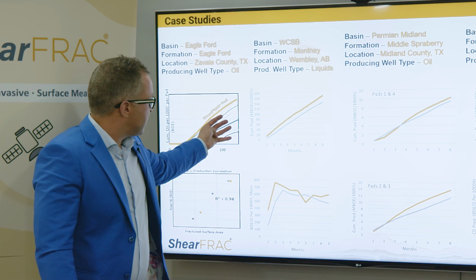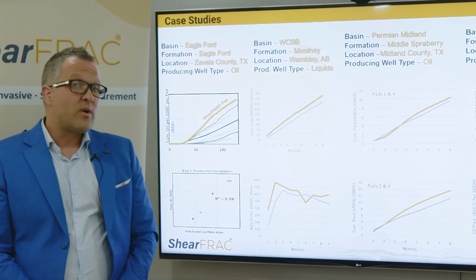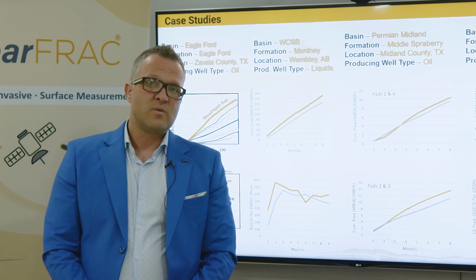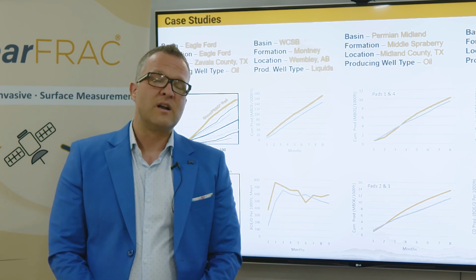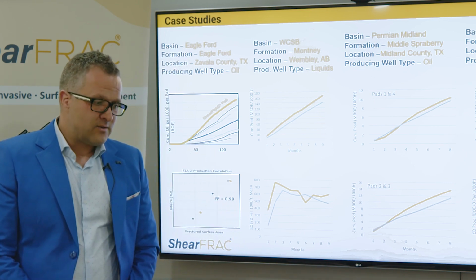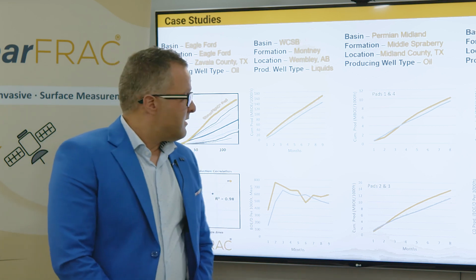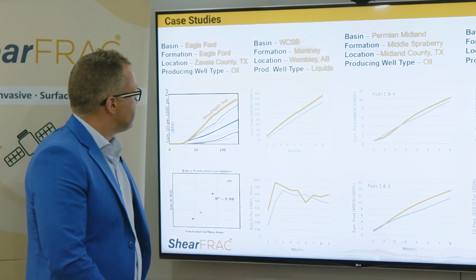These are all other offset operators. And we actually had a sampling against 440 offset wells versus the 20-something that ShearFrac was on. Those outperform all other operators, normalized to lateral length, tonnage, and completion specs, by 20-something percent.